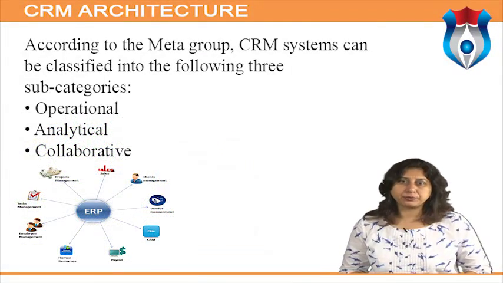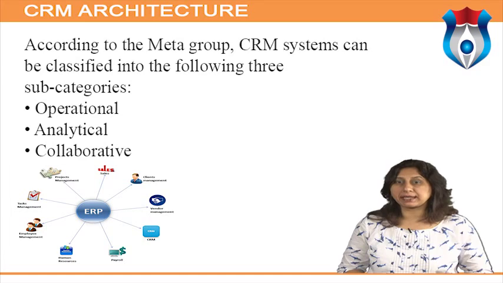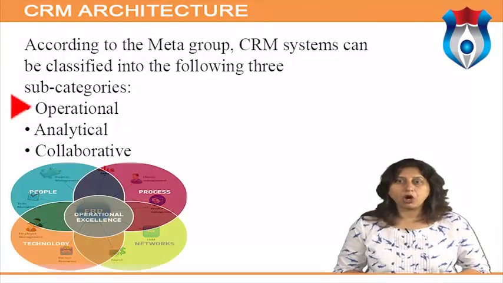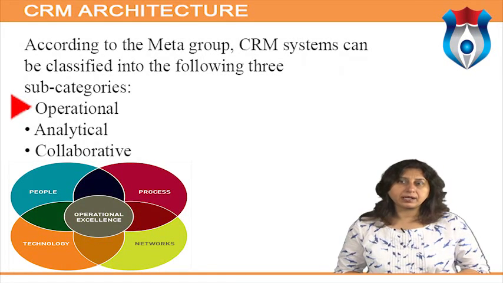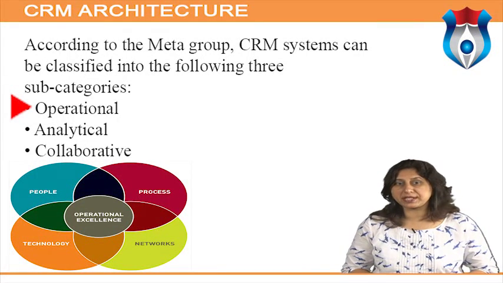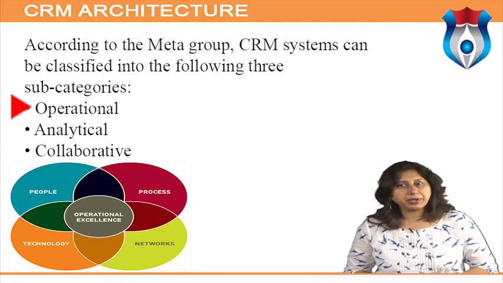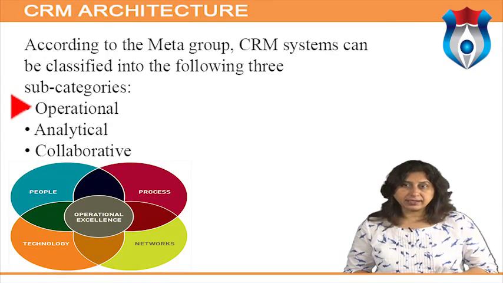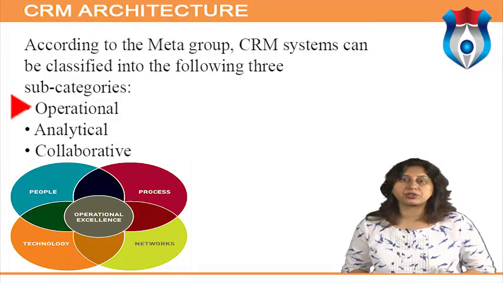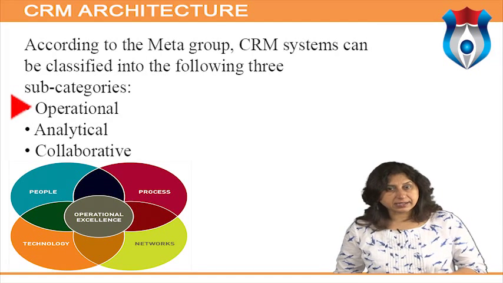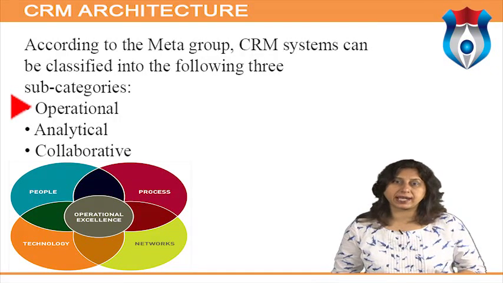According to the Meta Group, CRM systems can be classified into the following three subcategories. Operational CRM systems improve the efficiency of CRM delivery and support processes. They comprise solutions for marketing, sales, and service automation, example, campaign management systems, and systems for customer interaction centers.